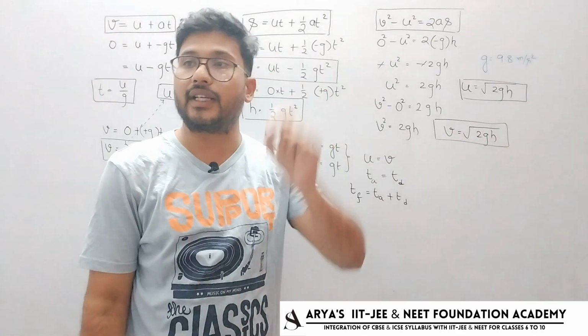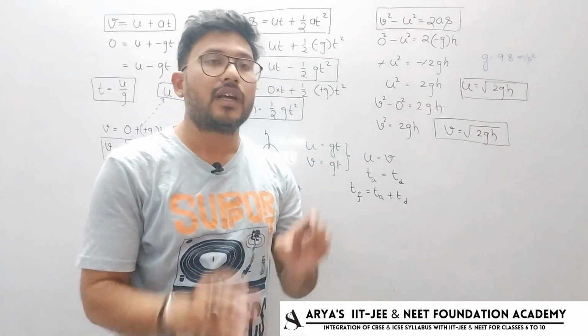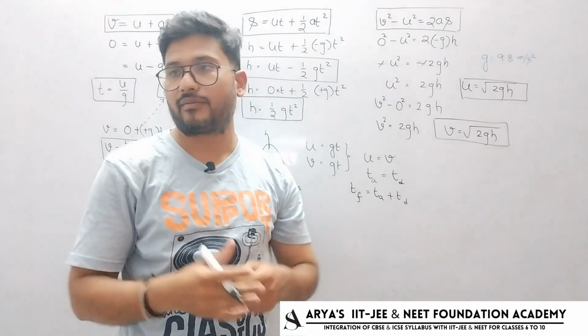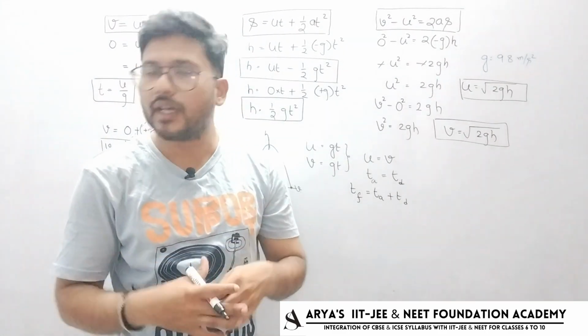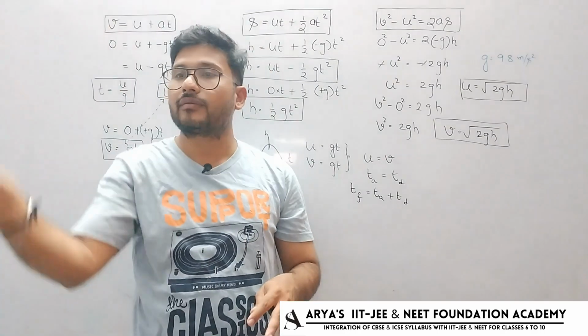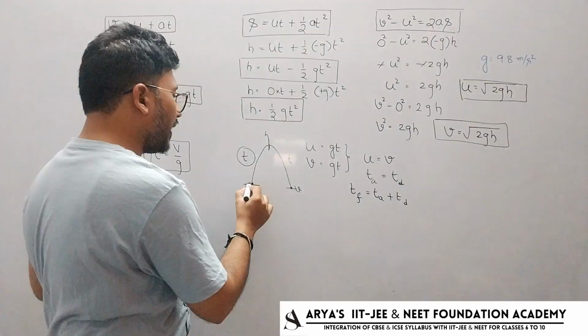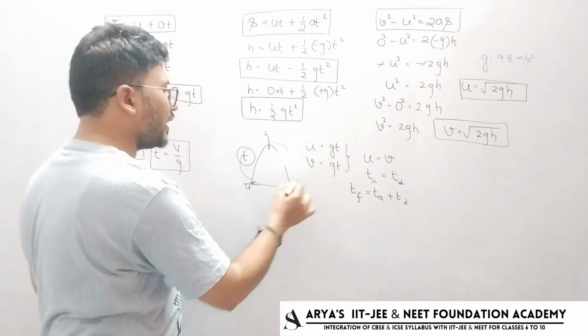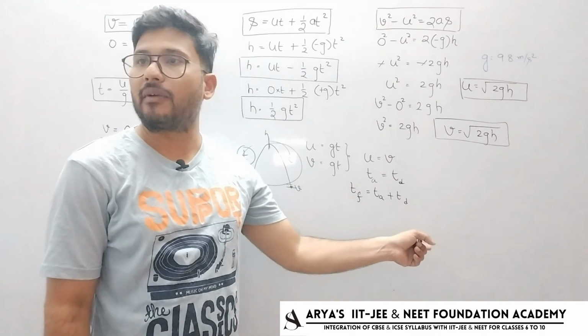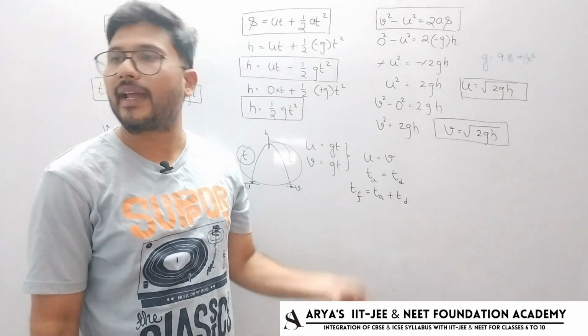Time of flight means time taken by the body to remain in air. From this point to this point, it is in air only, na? That is time of flight.